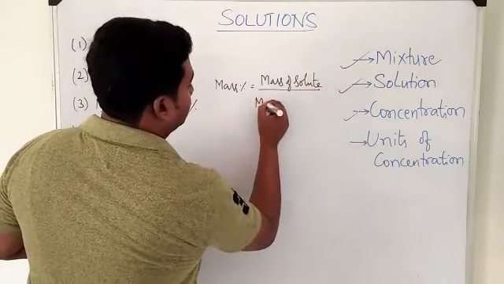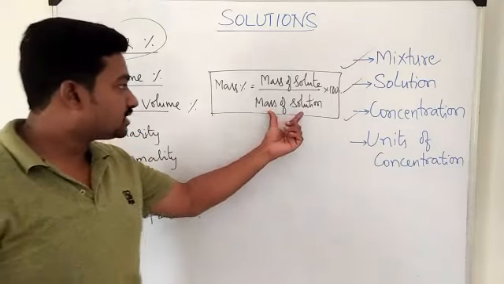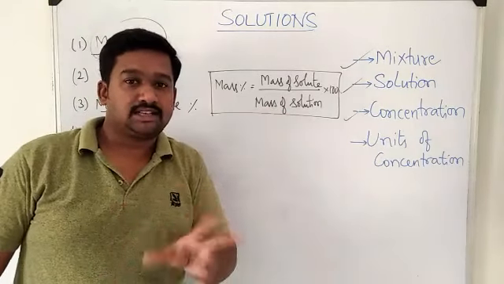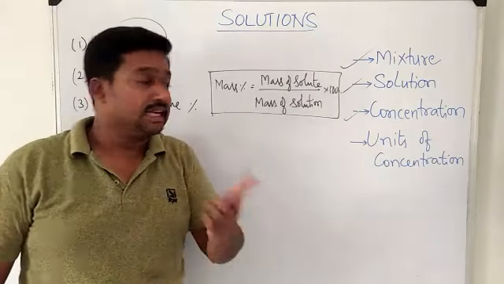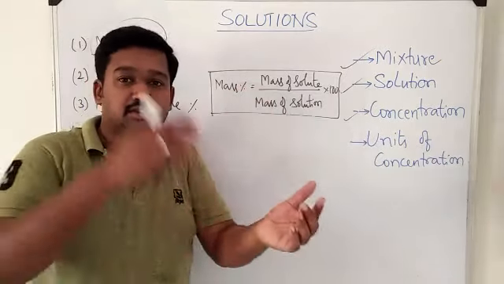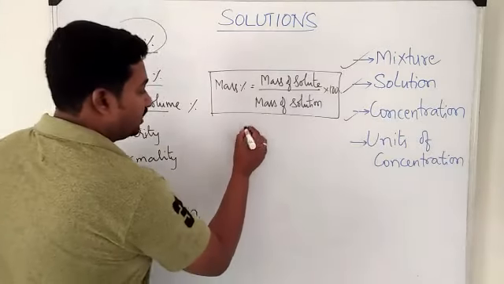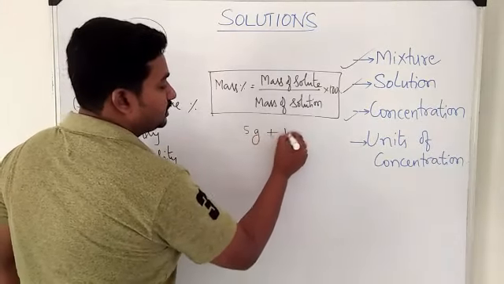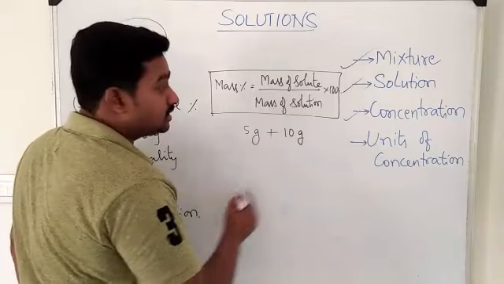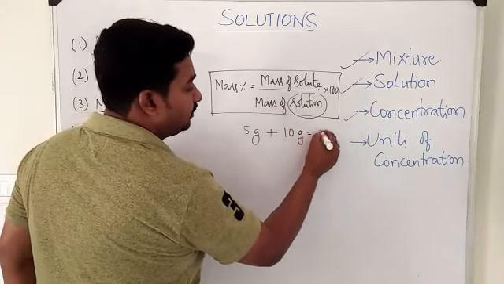Here there is a small mistake that we usually make. When we say mass of solution, please don't understand this as mass of solvent. It is the sum of the masses of solvent and solute together. If I say 5 gram solute is mixed in 10 gram solvent, the solution mass becomes 15 gram.